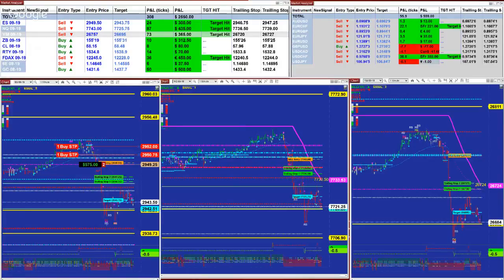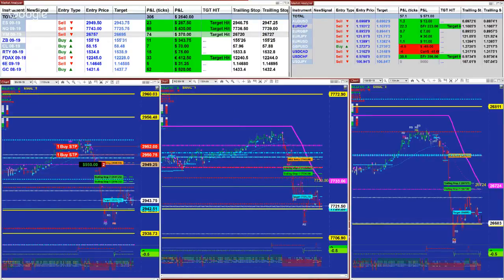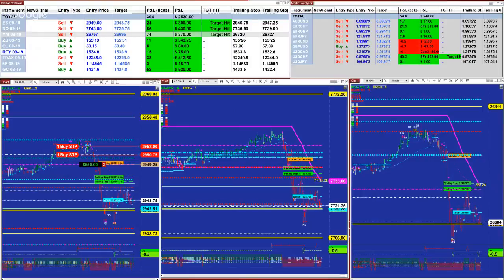There is a sound when a new signal comes out, and you can follow it, but I'm not giving full attention to every chart, like the benefit you have when you are sitting by yourself and only have to worry about your charts. So I'm all over the place.